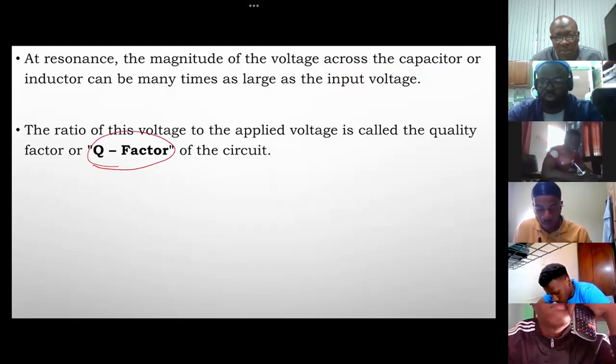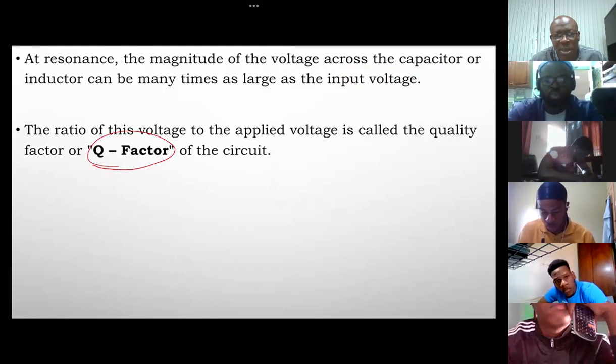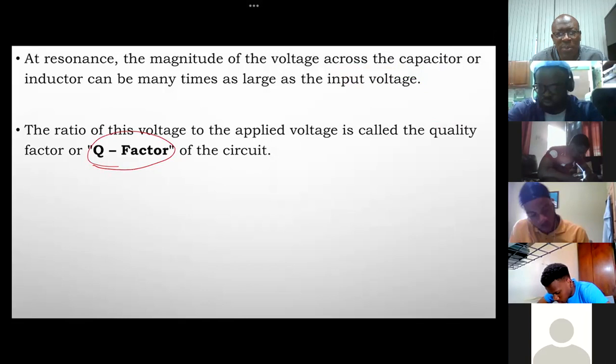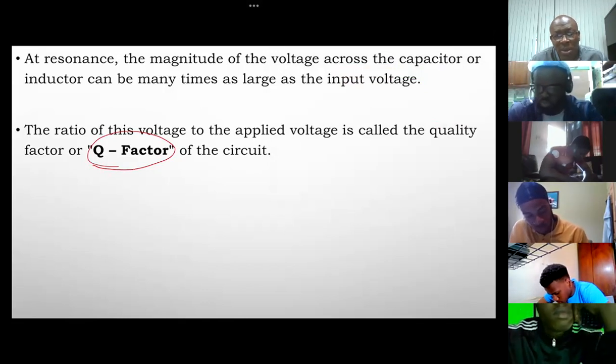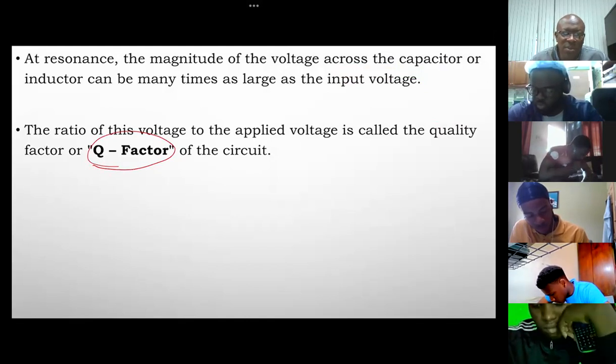So the Q factor is the ratio of the voltage across the inductor or the capacitor. Remember, they are equal, yes? The ratio of the voltage across L or C to the supply voltage.